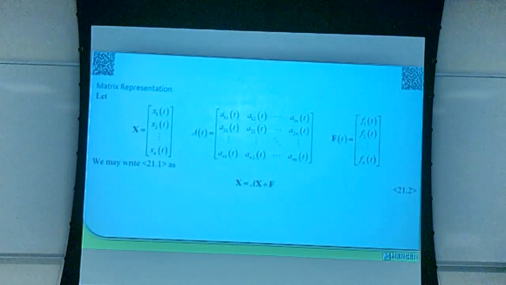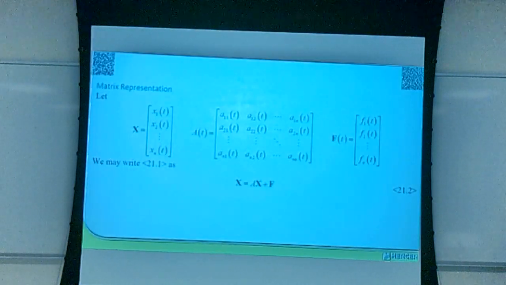Generally speaking, we like to represent systems in matrix form. So we'd say capital X is your solution vector. That is your vector x1, x2, down to xn. And note in linear algebra, we write vectors as column matrices, not like you do in Calc 3 or physics.